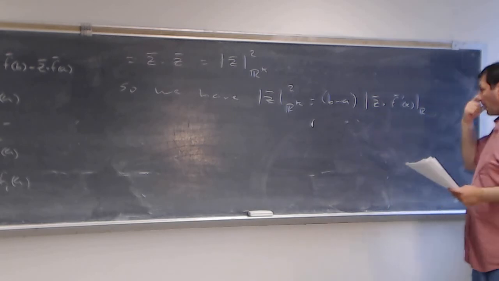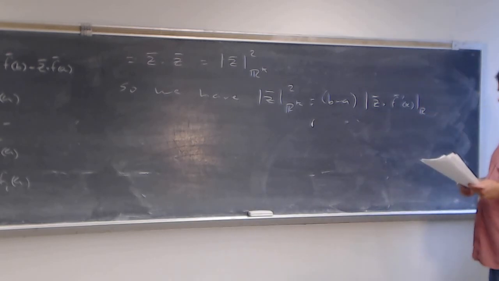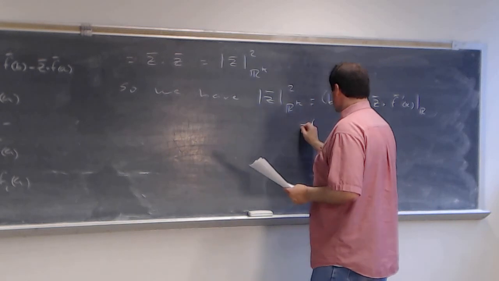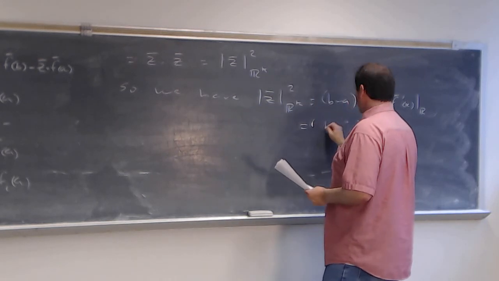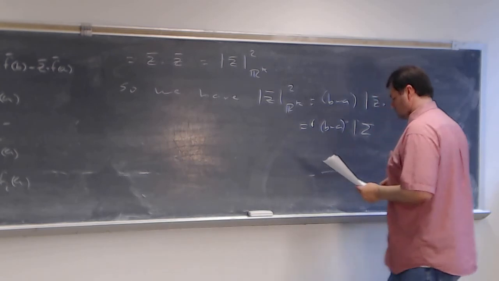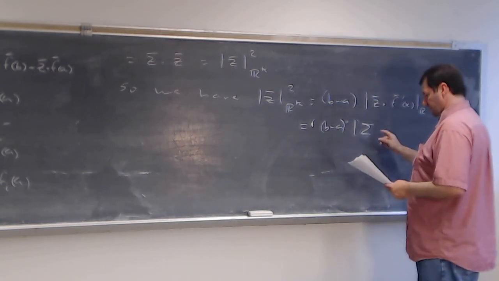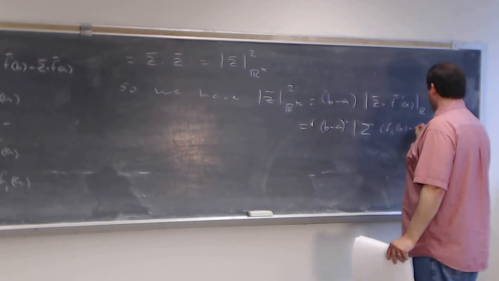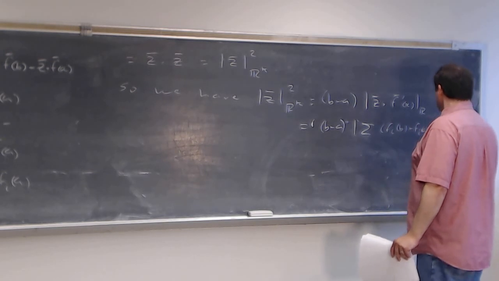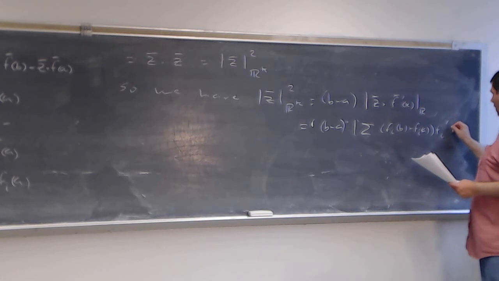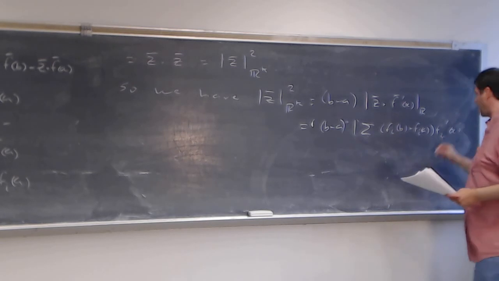That's in R. Okay, and then this is equal to b minus a times the absolute value of the sum of the Fi of B minus Fi of A times Fi prime of x.